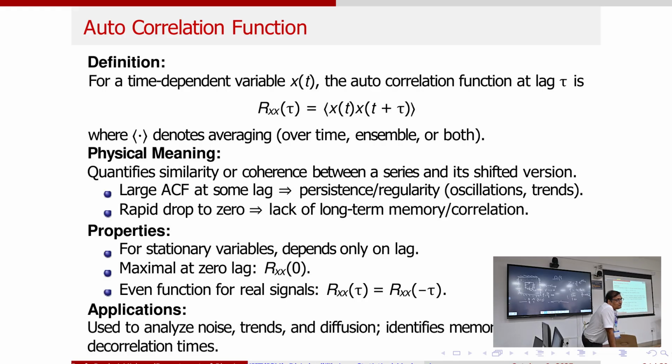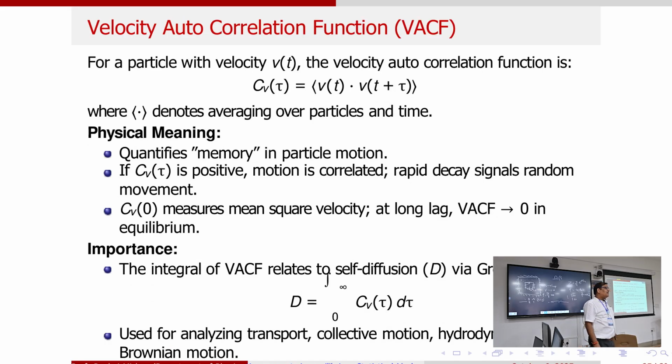They tell us the coherence, or the relations, between the values, how the parameter is changing spatially or in time. For spatial, we defined the correlation function earlier; now we are talking about time. So how the system is decaying with time, or changing with time, or remaining constant with time. One particular example: instead of any variable, you can take the velocity as a variable.